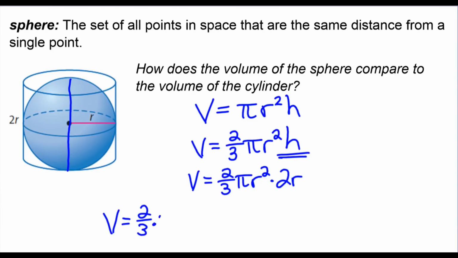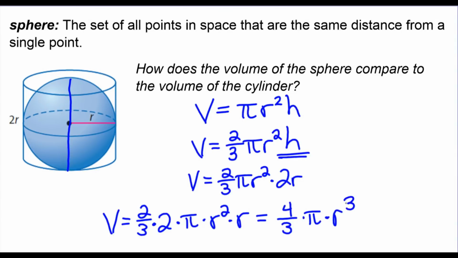So I'll have 2/3 times 2 times pi times r squared times r, and I just rearrange the terms there, and then I can simplify this even further to 2/3 times 2 is 4/3 times pi, and then r squared times r is r to the third power, or r cubed. And this is actually the formula for the volume of a sphere, and that's how it's derived.